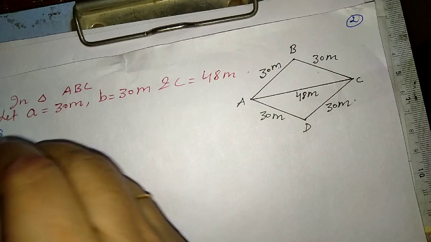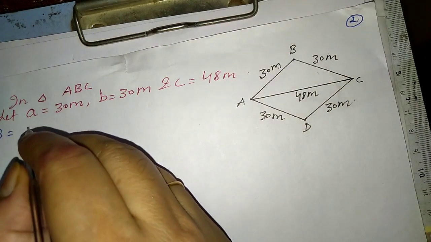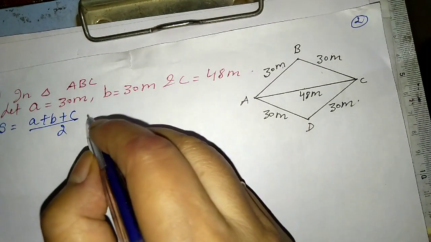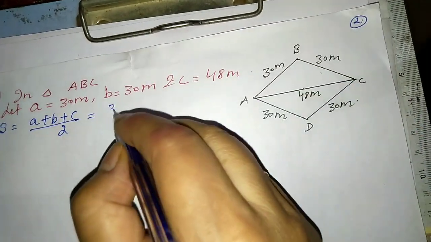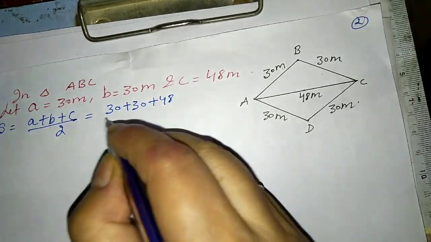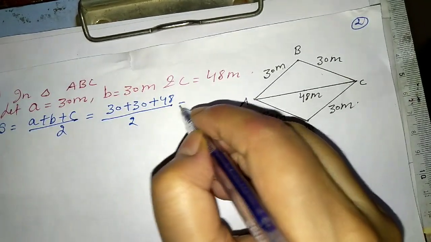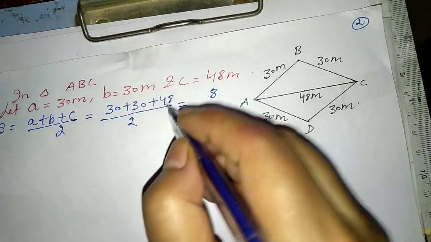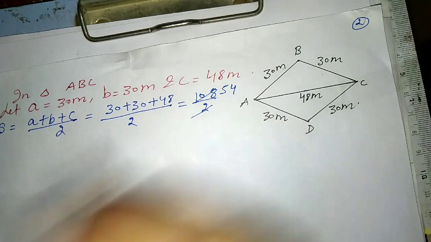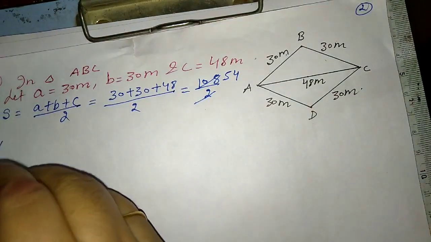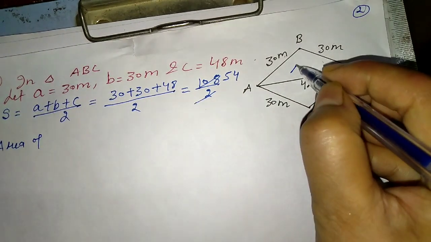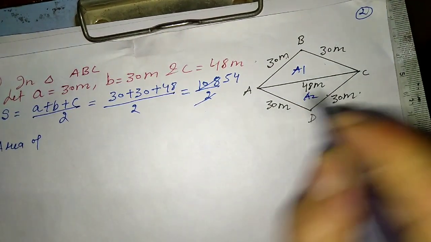So first we will find S. A plus B plus C divided by 2, that is equal to, A is given 30 plus 30 plus 48 divided by 2, that is 108 divided by 2, and that is 54. So suppose this is A1 and this is A2.